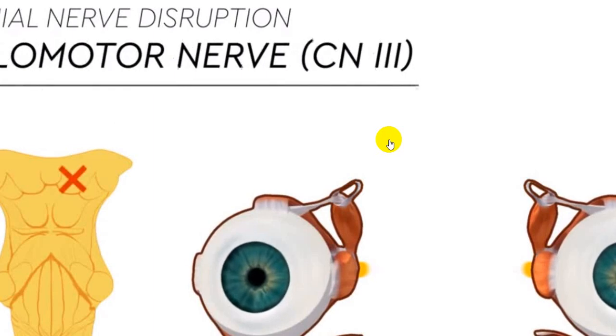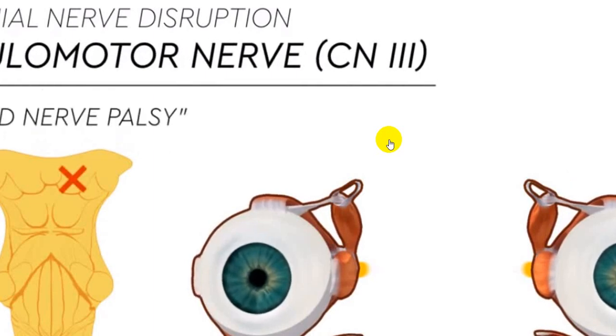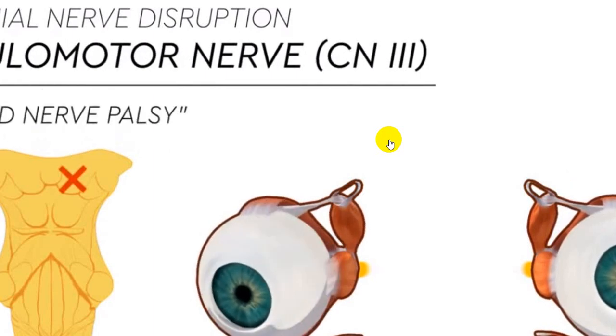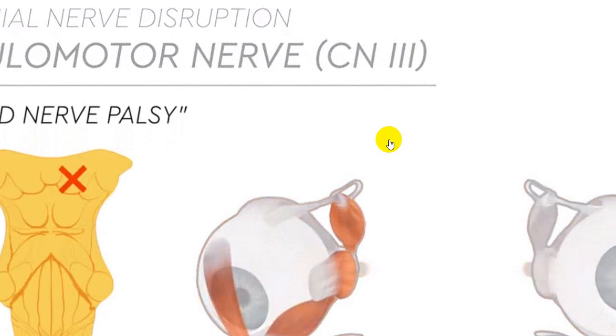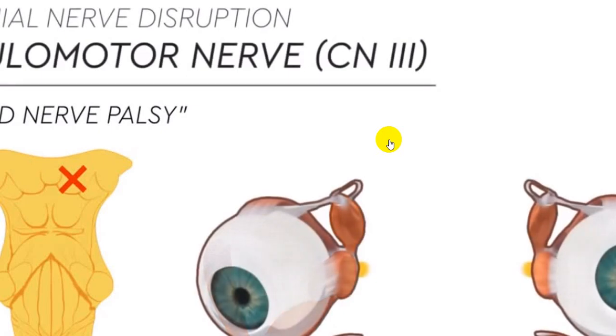Complete disruption of oculomotor nerve function, or third nerve palsy, results in paralysis of 4 extraocular muscles: superior rectus, inferior rectus, medial rectus, and inferior oblique. Patients with this disorder present with the ipsilateral eyeball stuck in the down and out position due to the fact that tonic activity of the intact lateral rectus muscle fully abducts the eye because it is no longer opposed by the medial rectus muscle.